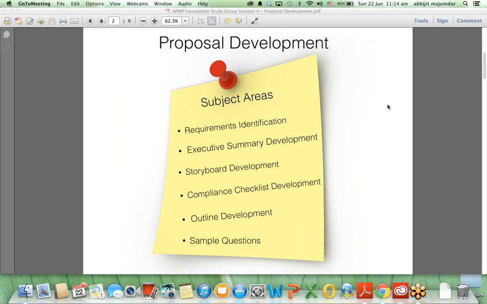Although the executive summary is a summary of whatever is in your proposal, it is also a document which forms the opinion about the organization, its offerings, its capabilities, in the mind of the evaluator or the decision maker. So it is very important how we develop the executive summary.